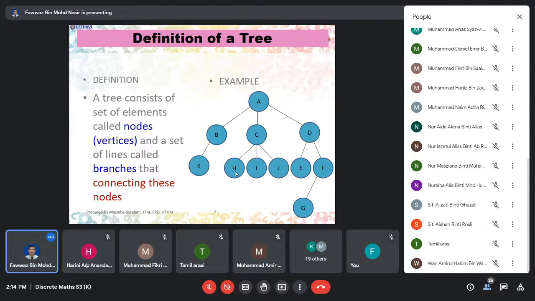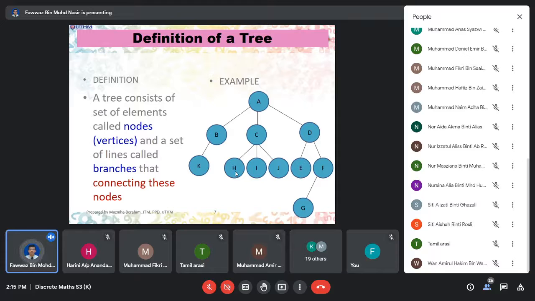Okay, basically dalam tree ni each node di dalam satu-satu graph tu, kalau dia nak jadi tree, dia mesti be connected by an edge. Okay, setiap node tu mesti connected by an edge. In other words, dia mestilah a simple graph, okay, to be a tree. Okay, syarat utama dia mestilah a simple graph.